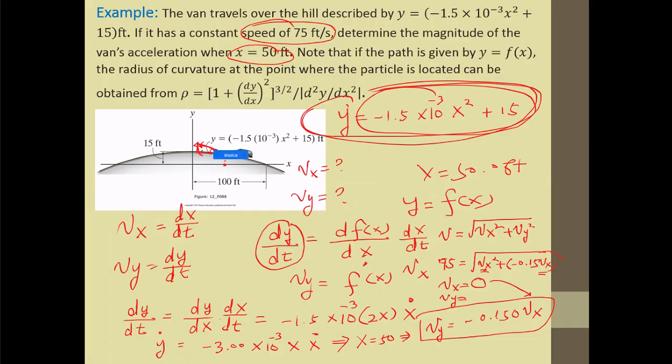That makes sense? And after that, using this relationship, we can take one more derivative with respect to time t. Then we can find the relationship between the acceleration x component and y component. Okay, this is kind of a tip for you.